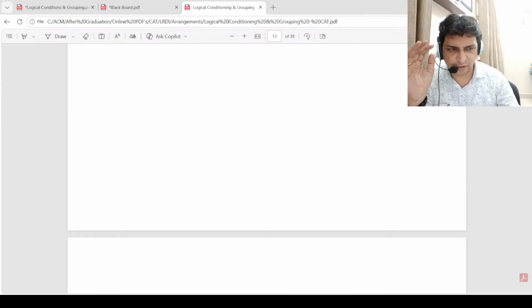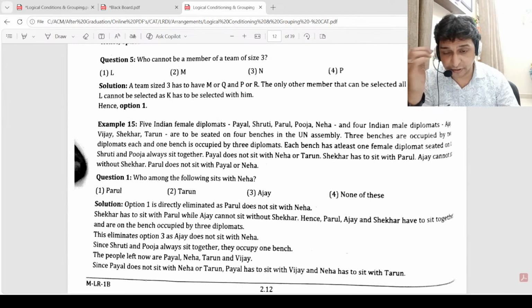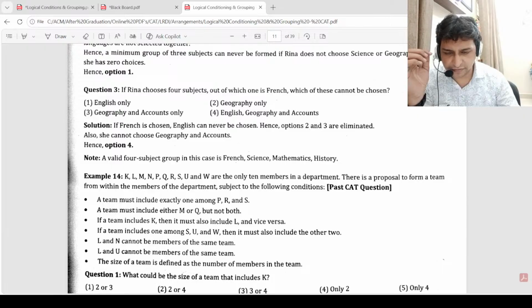This is the first CAT question we had in this chapter, so it should be in the beginning somewhere. Here it is: if a team includes K, then it must include L.